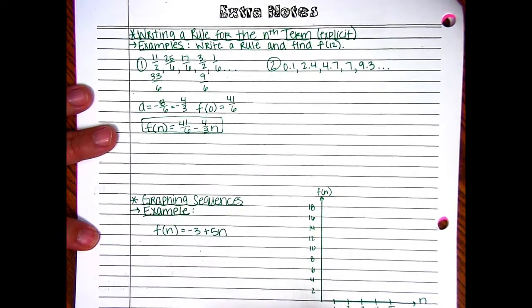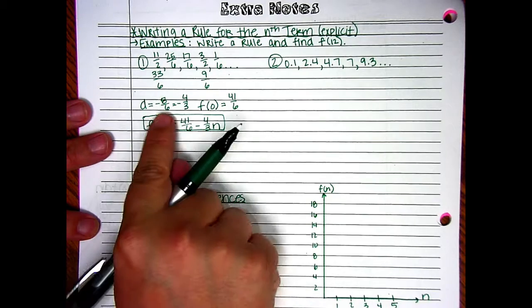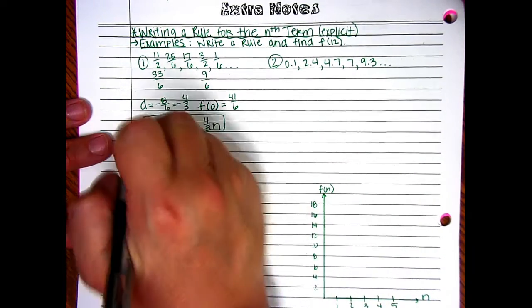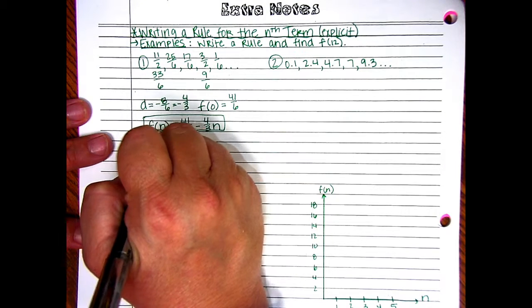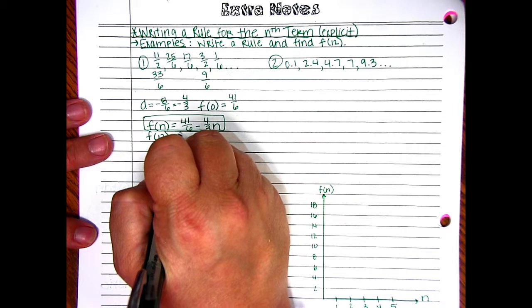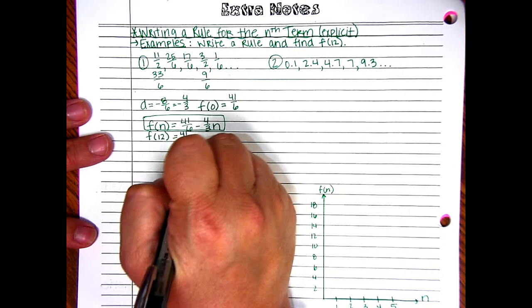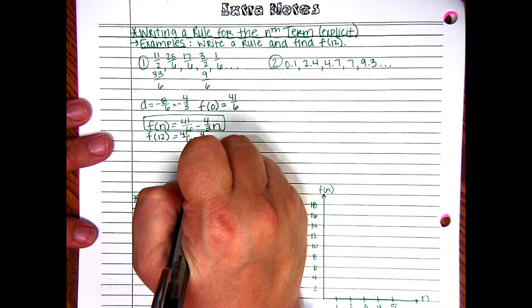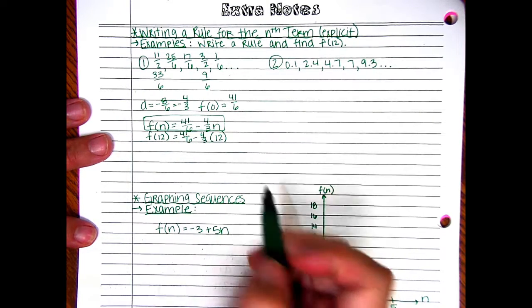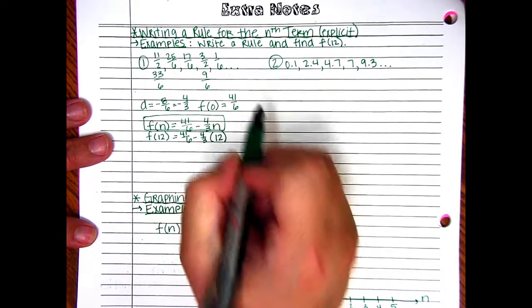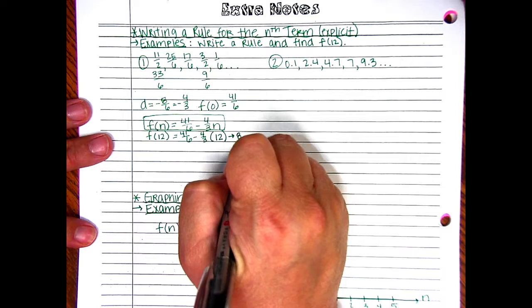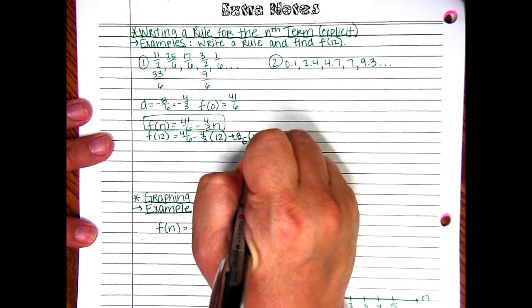Now when you go to solve, if you want to use the 8 sixths because that's going to be easier, that is okay. So if I want to find f of 12, I have 41 sixths minus 4 thirds times 12. And actually here I would change this to 8 sixths times 12.